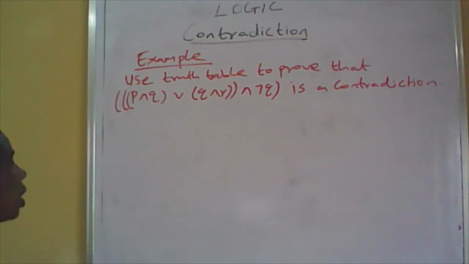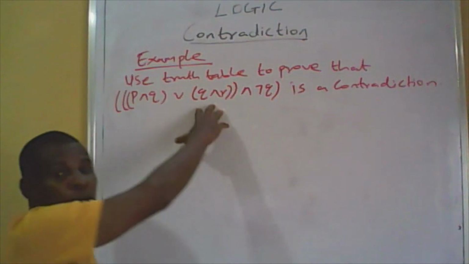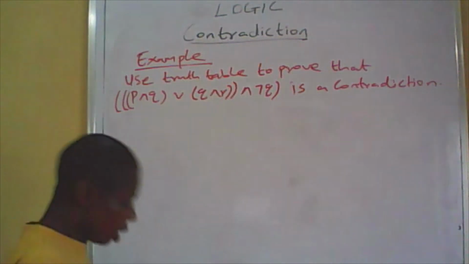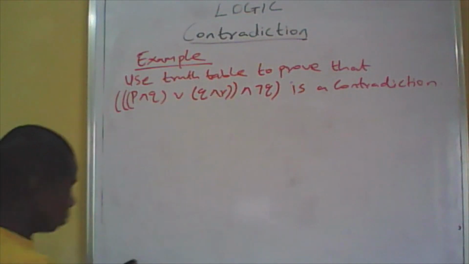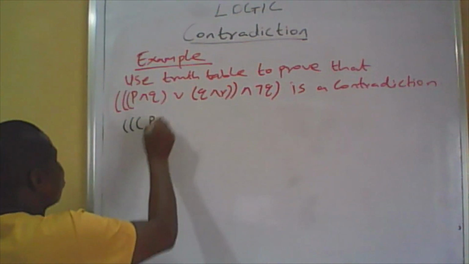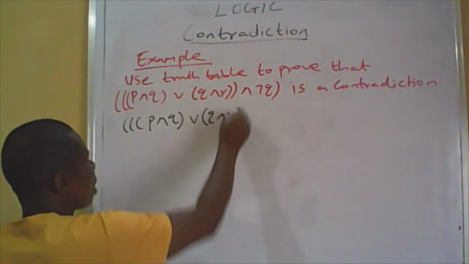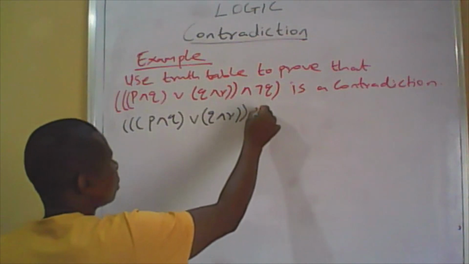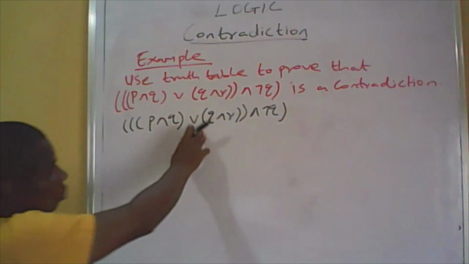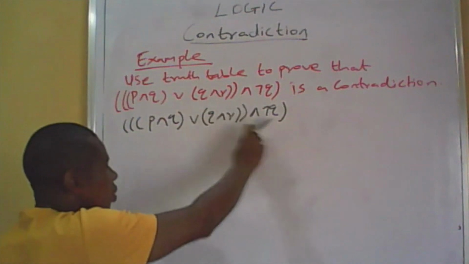Now, we know that this statement form is in restored parentheses, so there's no need to restore the parentheses. We write the statement down: P and Q, or Q and R and not Q. We want to use truth tables to prove that this statement is a contradiction.